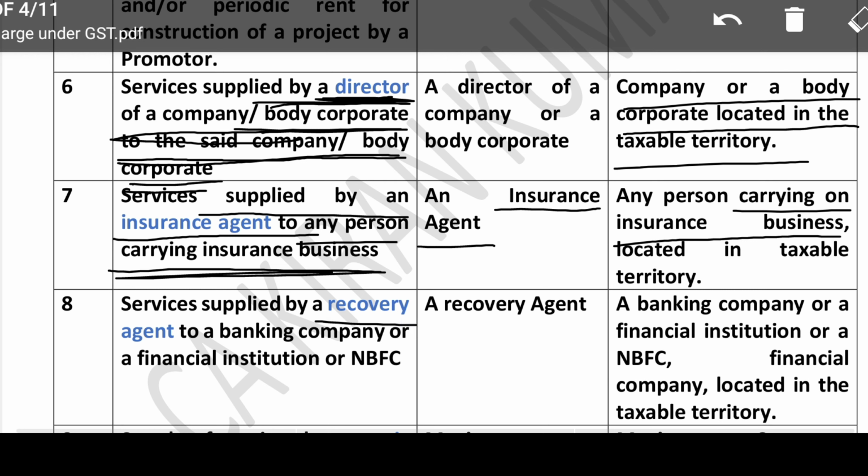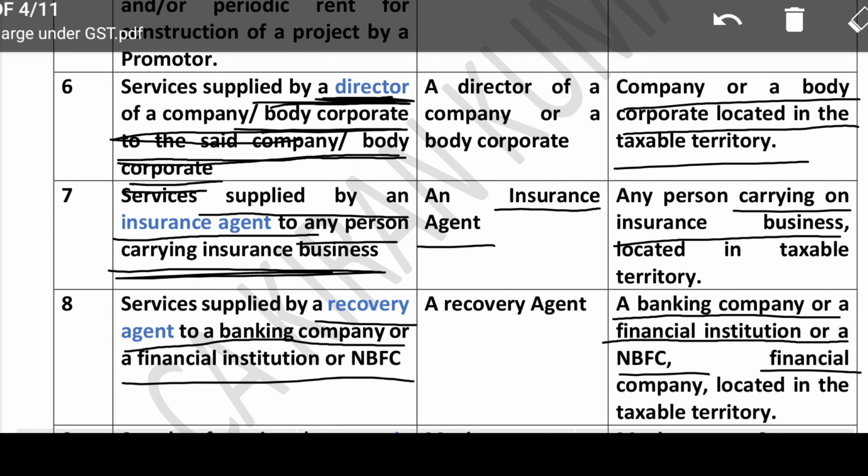And recovery agent to banking company or financial institution or NBFC. In such case, the banking company or financial institutions or NBFC or financial company are required to pay GST on RCM basis.